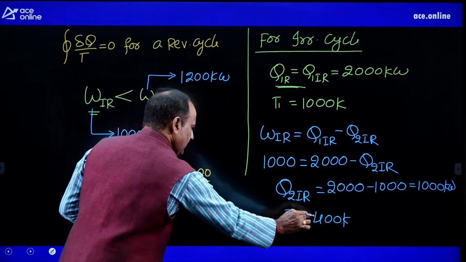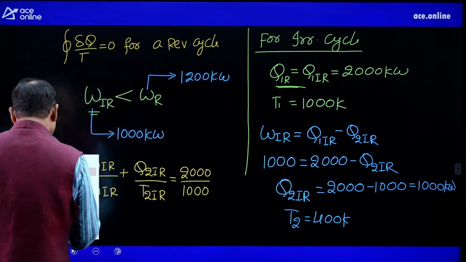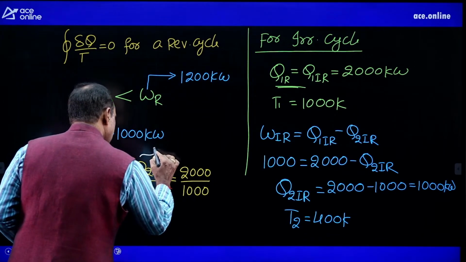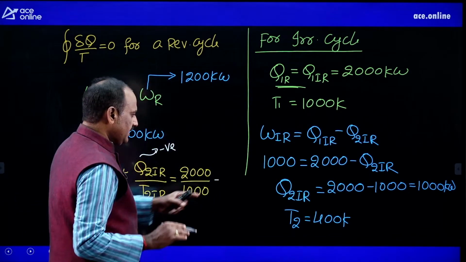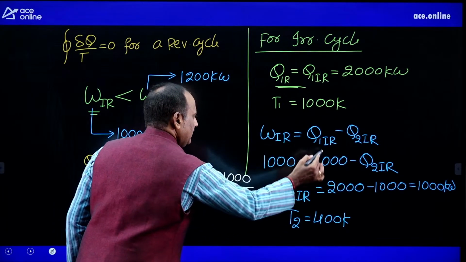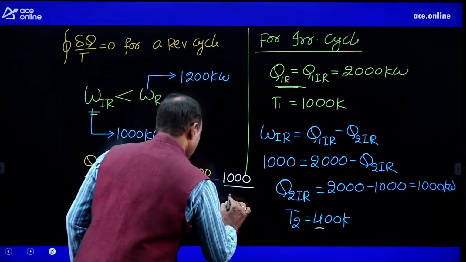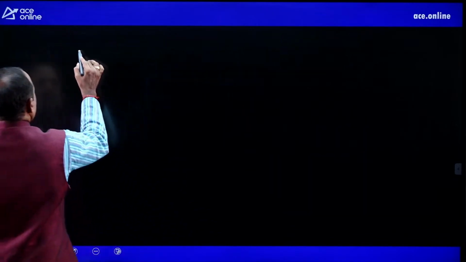Q2 for the irreversible heat engine is the heat rejection, so this quantity is negative: minus 1000 divided by T2, 400. Let me take another slide.